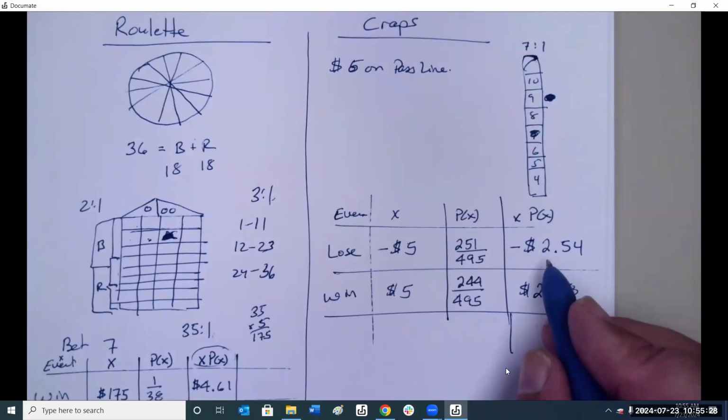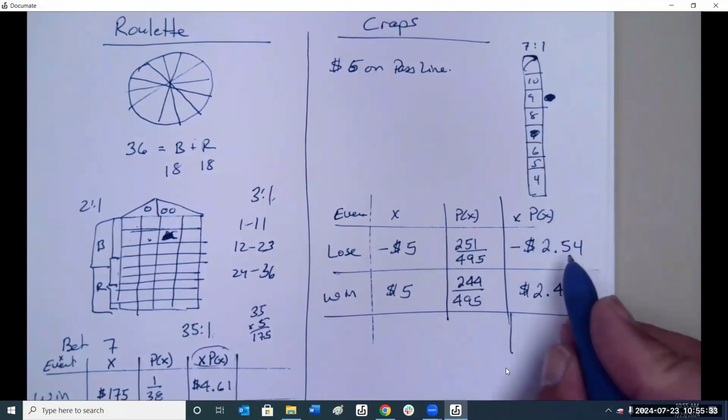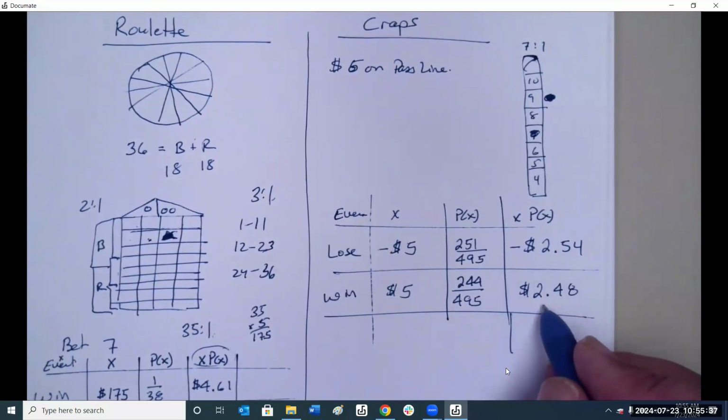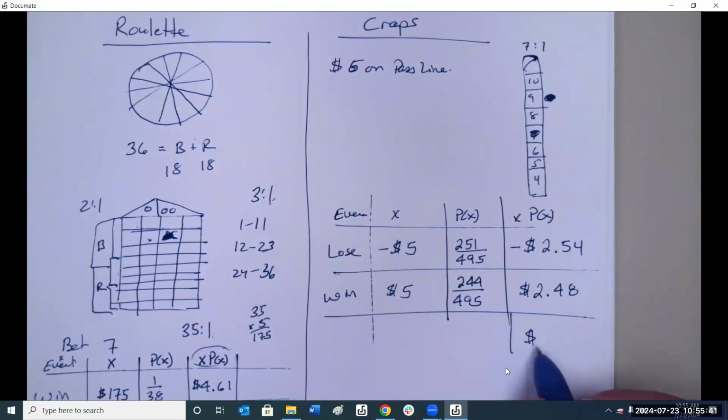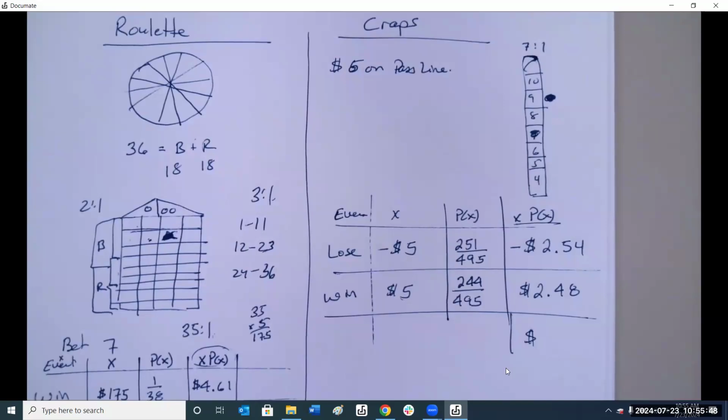Add up, find the expected value, or add up the x times p of x, which is negative 2.54 plus positive 2.48. Where do you get 2.48? Multiply these two, x times p of x, this times this.